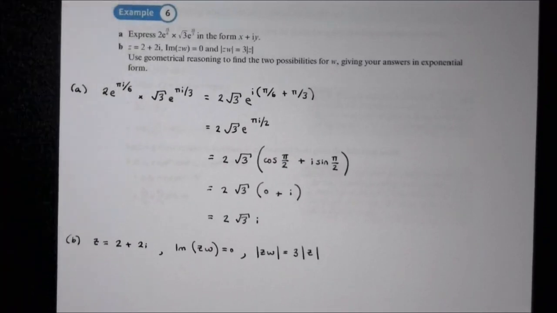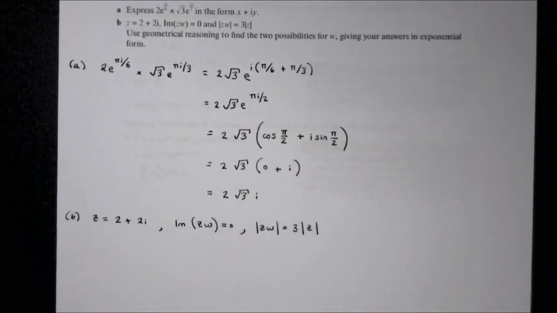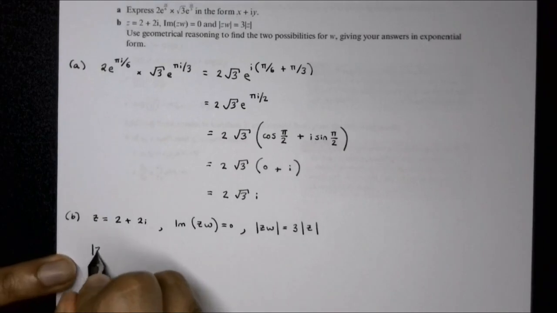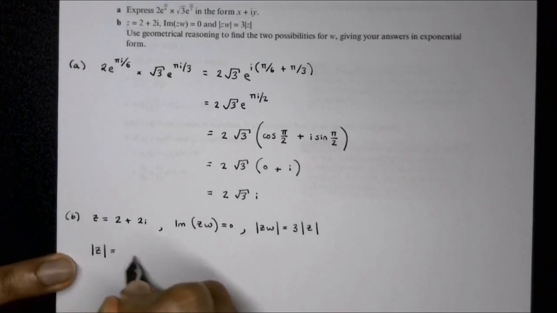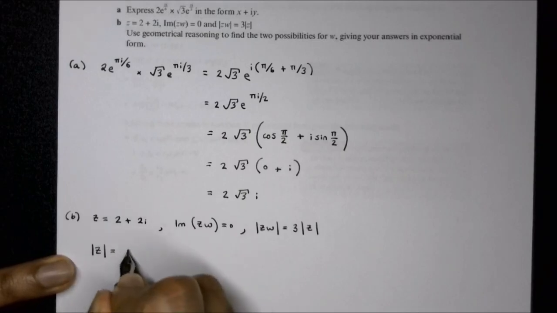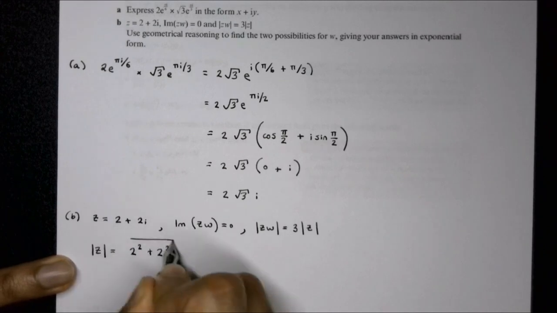If we use these results, we have the modulus of z, which is equal to 2 squared plus 2 squared, square rooted.